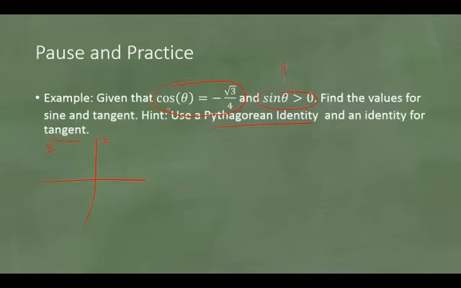X value is negative, means we're in the second quadrant. So there's the triangle we're working with. Cosine theta is negative square root of 3 over 4. And we need to find the value for sine theta and tangent theta.